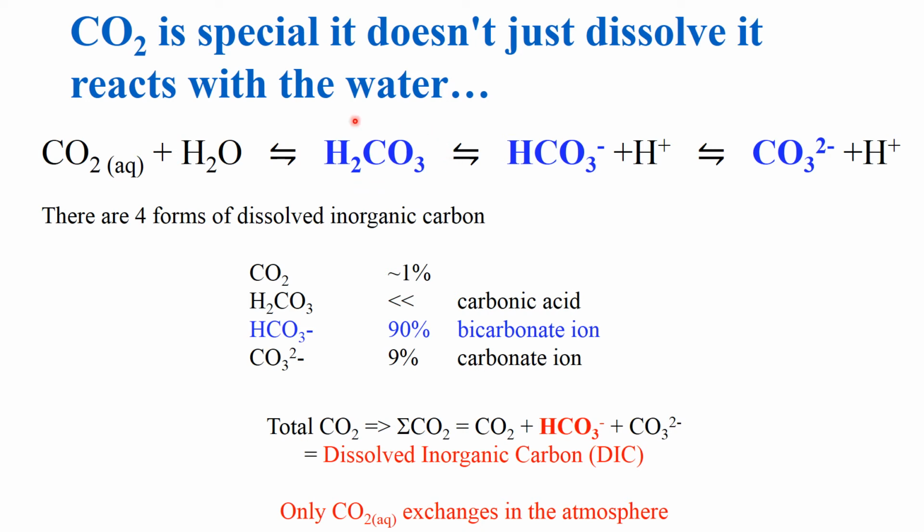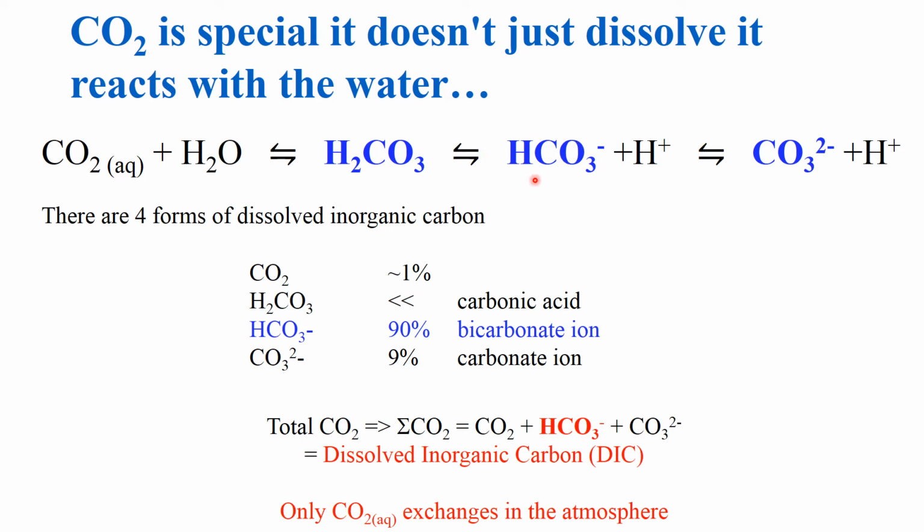This species is a very unstable molecule. It doesn't really like to hang around. So as soon as this molecule forms, it either back reacts to CO2 and water again, or it can break apart and lose a hydrogen ion and become this molecule here. This is bicarbonate ion. You can see it's negatively charged.